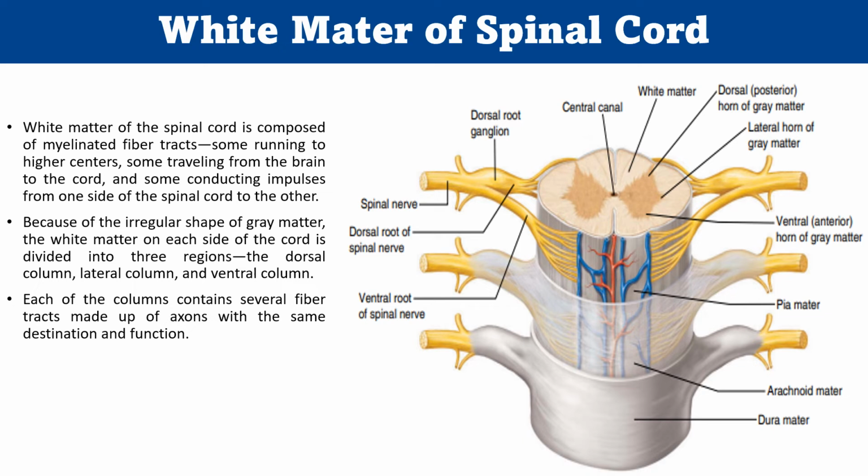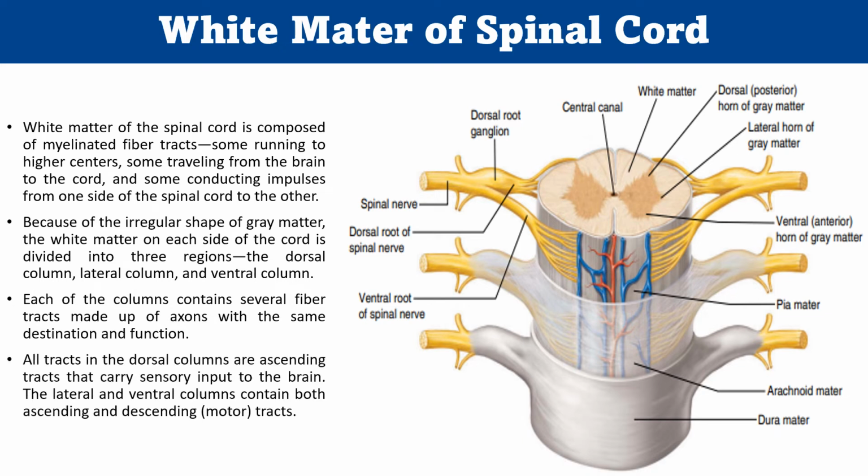Each column contains several fiber tracts made up of axons with the same destination and function. All tracts in the dorsal columns are ascending tracts that carry sensory input to the brain. The lateral and ventral columns contain both ascending and descending motor tracts.